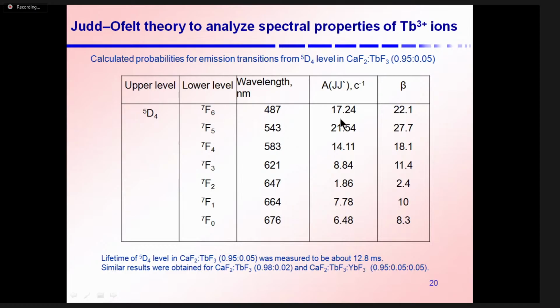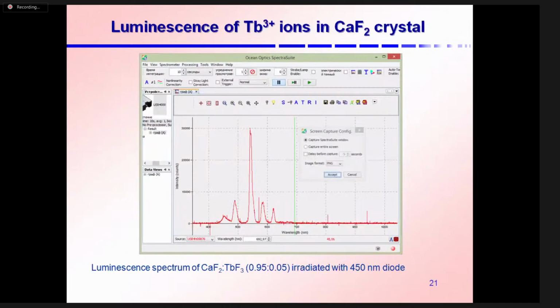So you can see here that this transition at 543 has much higher probability, and this fits well with the parameters that we obtained in our emission spectra. So this green line is much stronger than all other lines. This spectrum was obtained by irradiating with a diode with the wavelength of 450 nanometers.